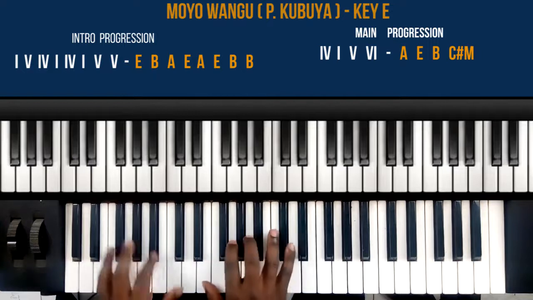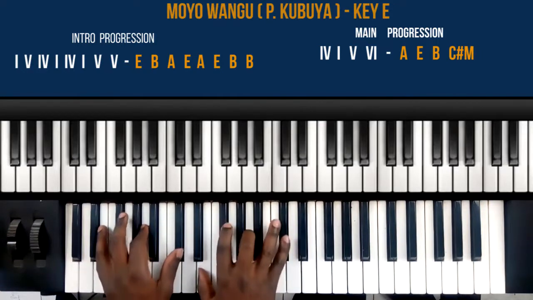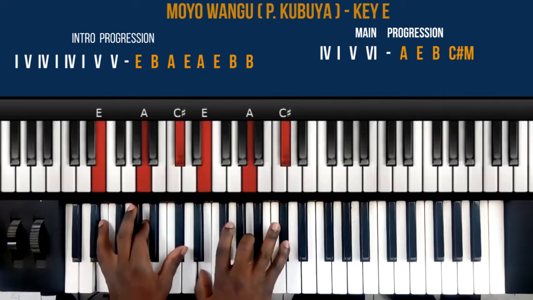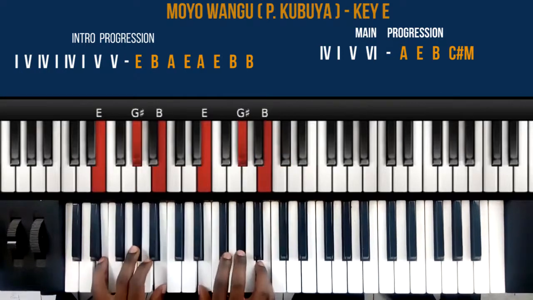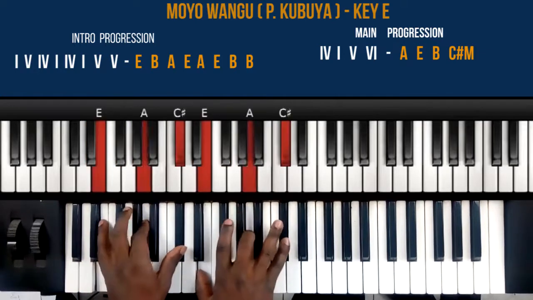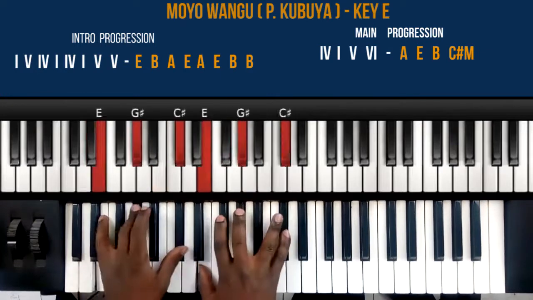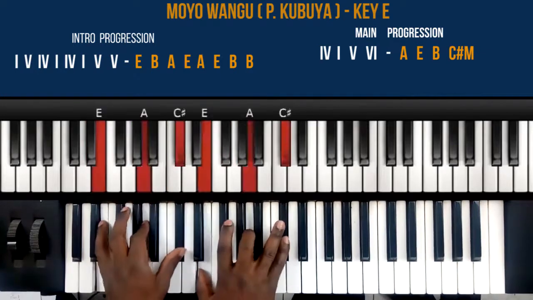Then the chord progression for the verse and the choruses is 4, 1, 5, 6: A, E, B, C sharp minor.